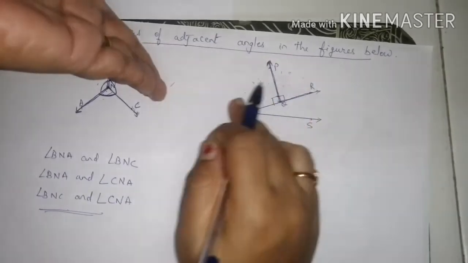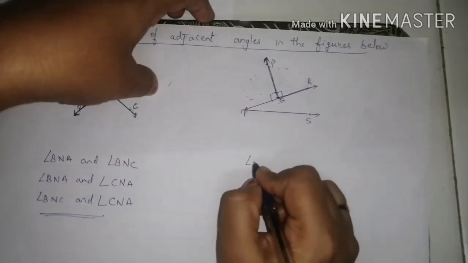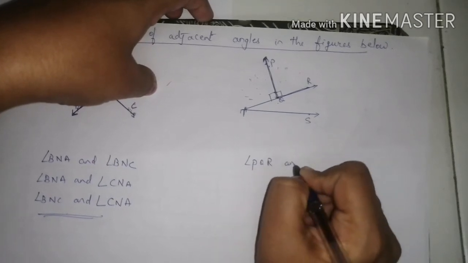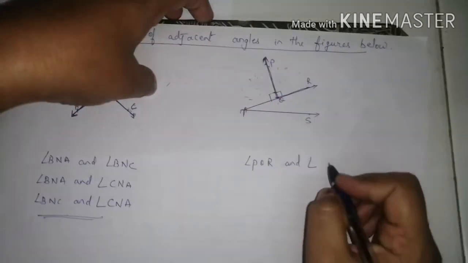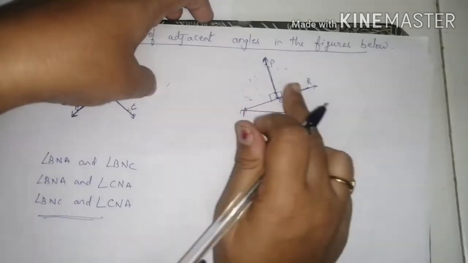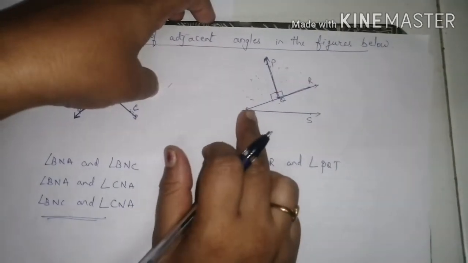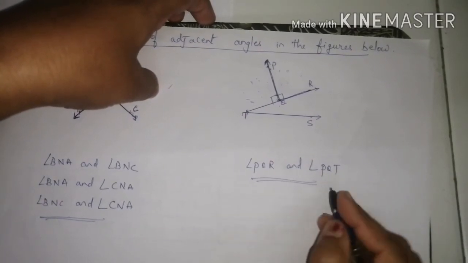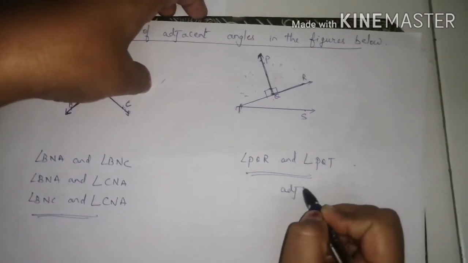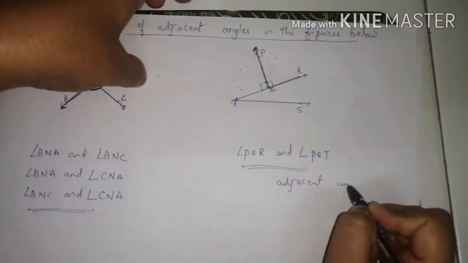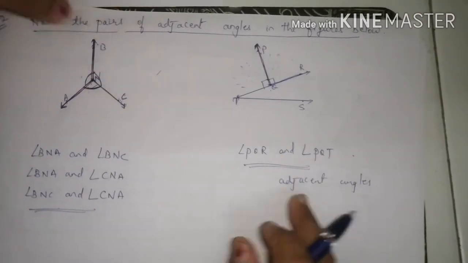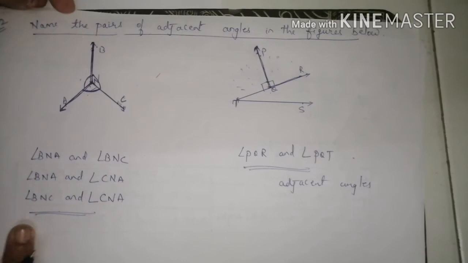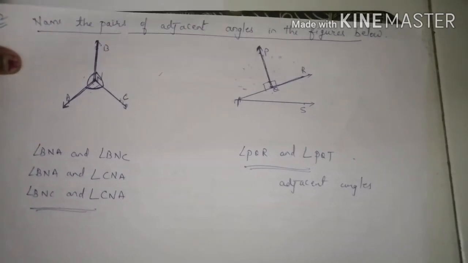So these are the two adjacent angles, angle PQR and angle PQT. Only these two we can take. In this it is not possible to get any other pair. So this one pair only is adjacent, and in the first figure we are getting three pairs. So question number 2 is done.